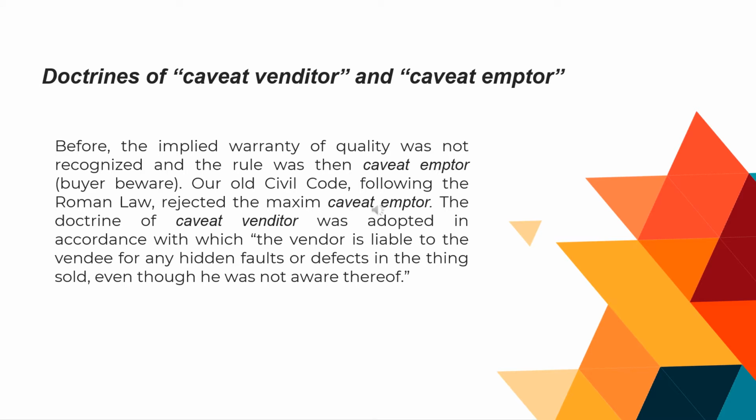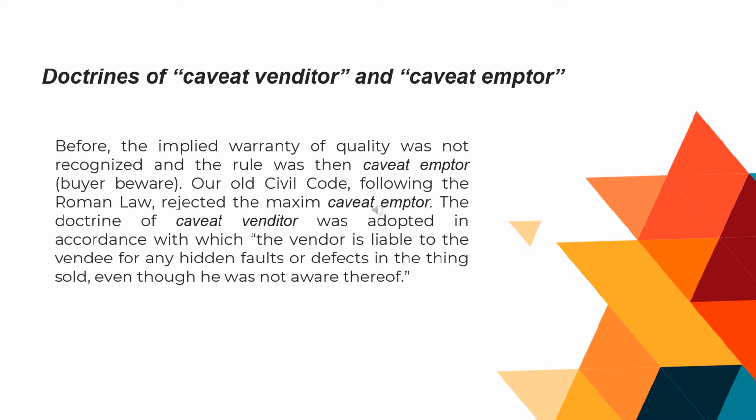But our old Civil Code of the Philippines, following the Roman law, rejected the maxim caveat emptor. That is the reason why the doctrine of caveat vendor was adopted, in accordance with which the vendor is liable to the vendee for any hidden faults or defects in the things sold, even though he was not aware thereof.